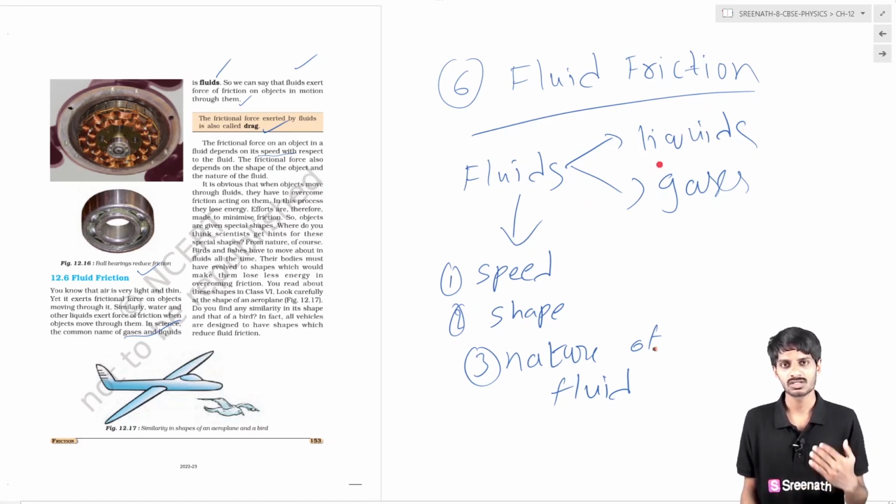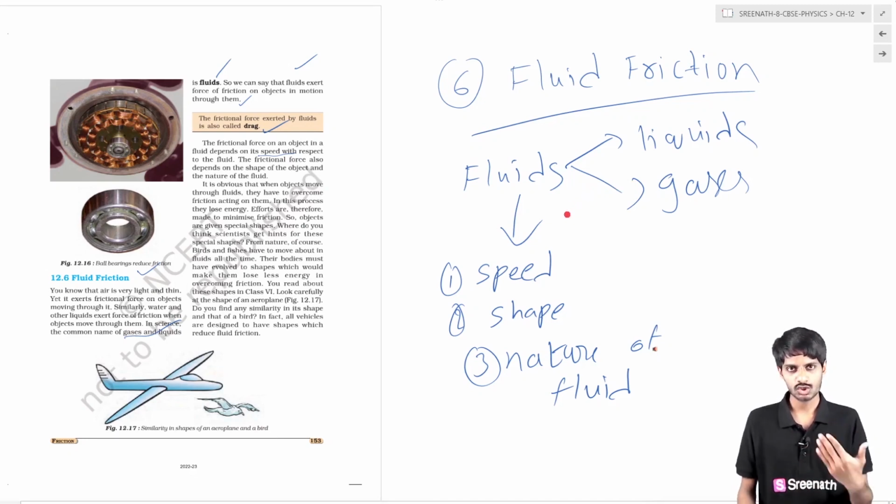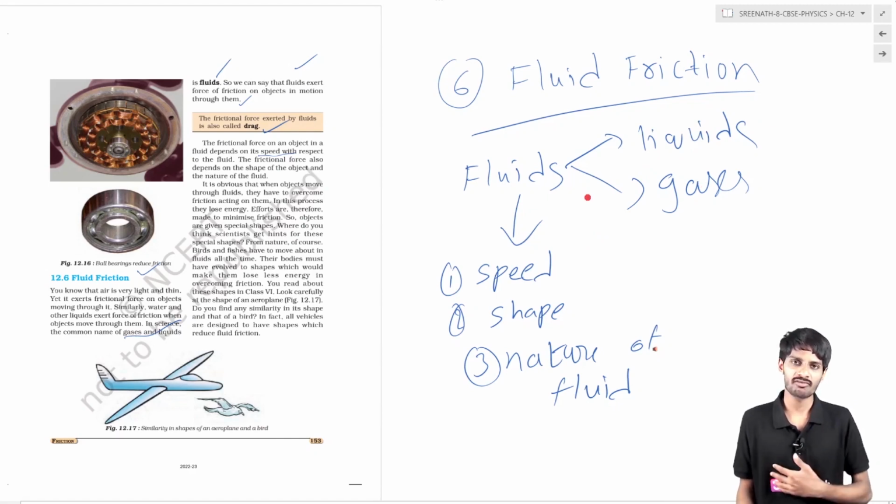If the friction is high, it has to apply so much force, and lose so much energy. So if a high amount of energy is lost just to overcome the friction of fluids, then the whole energy of our body or of any object will be greatly decreased.